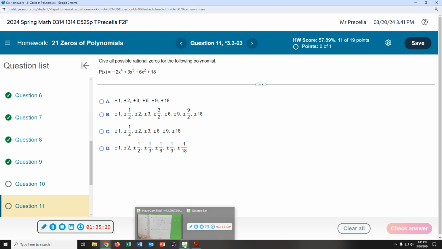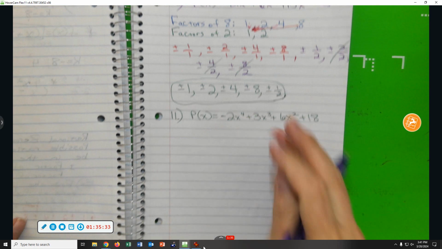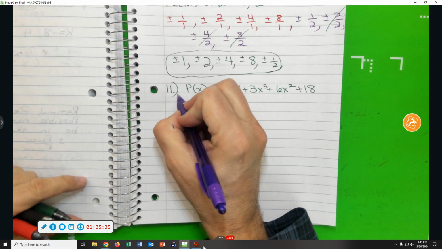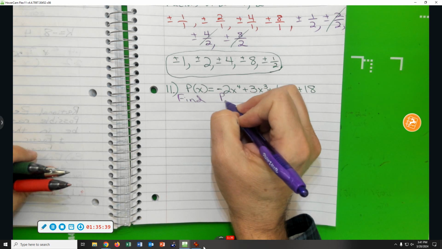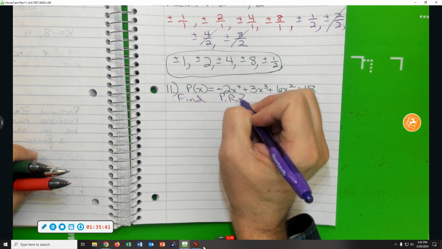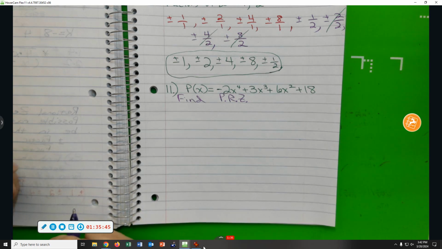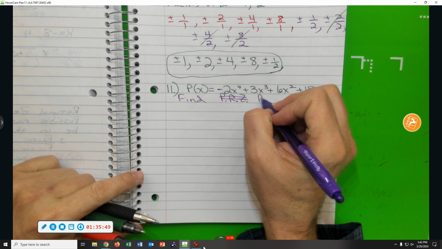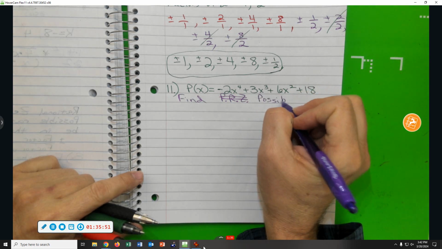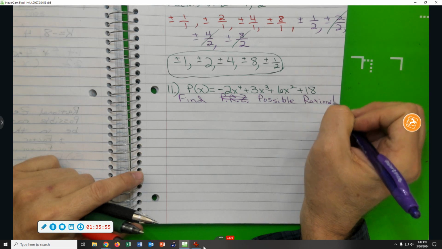And we want the possible rational zeros. Why not write out PRZs? Why not write out possible rational zeros? You're right. There's no time they ever say find the PRZ. Possible rational zeros.